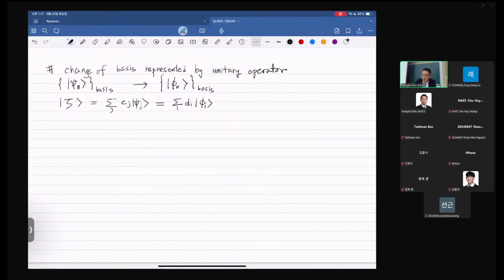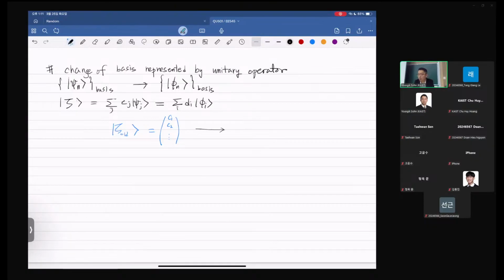And the question is, let me put a label here to make sure what we're discussing. So let's say this is something like c1, c2, the column vector, right? Something like this.